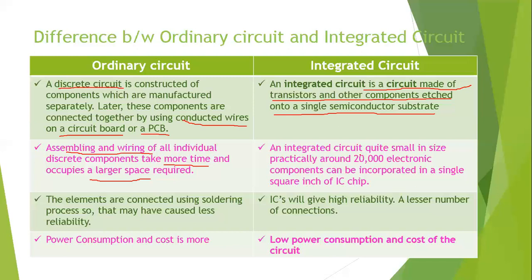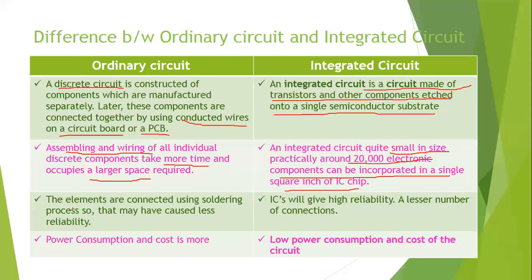Whereas in an integrated circuit, since all the components are fabricated on a single semiconductor substrate, the size of the circuit will be small. Practically around 20,000 electronic components can be placed in a single chip.